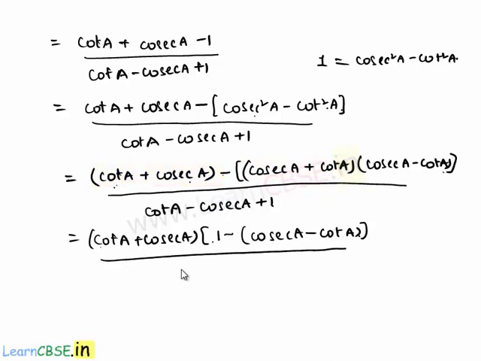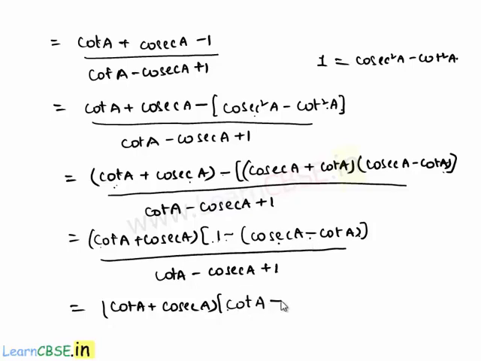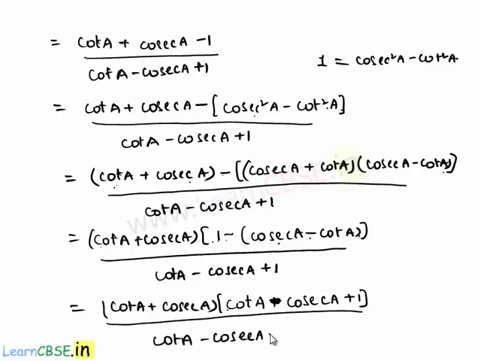whole divided by cot A minus cosecant A plus 1. That will be equal to cot A plus cosecant A remains as it is, and this expression can be written as 1 minus cosecant A, and minus into minus is plus here, and by rearranging terms we can write it as cot A minus cosecant A plus 1, whole divided by cot A minus cosecant A plus 1.